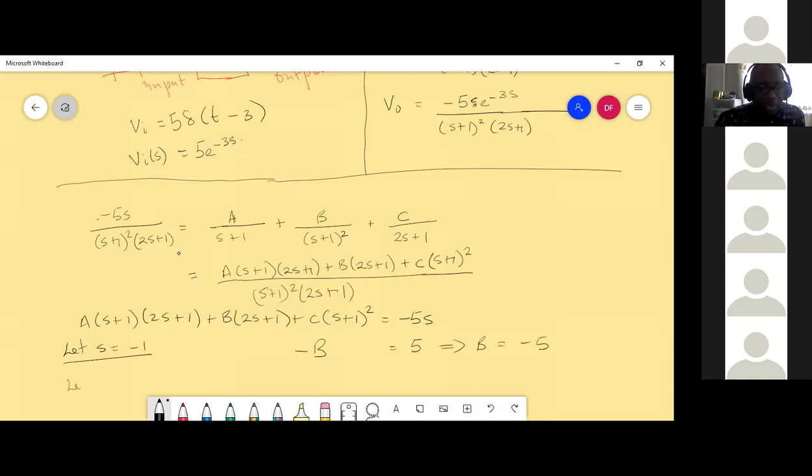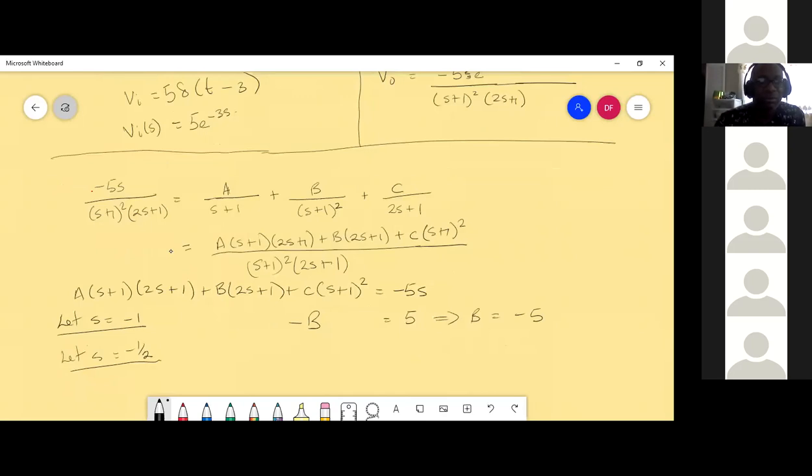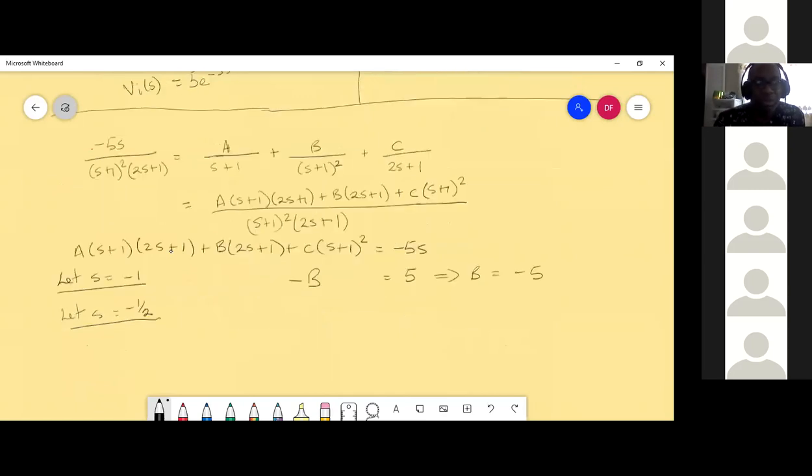Then I'm going to let s be equal to negative a half. The first two drop out, so I'm going to get C times (negative a half plus 1) squared is equal to negative 5 times negative a half.